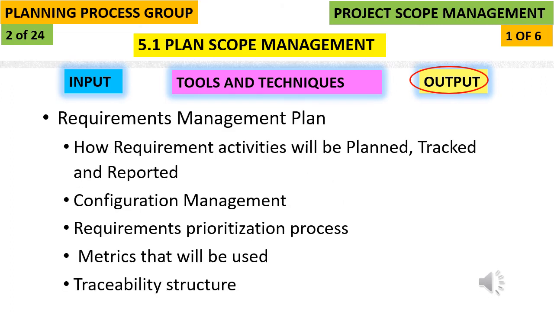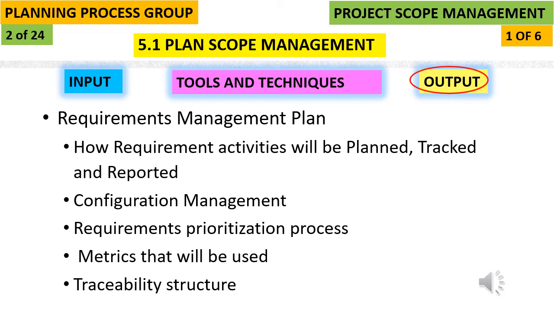The second output from this process, plan scope management 5.1, is the requirements management plan. Before we develop the scope, we need to get the requirements of the stakeholders.